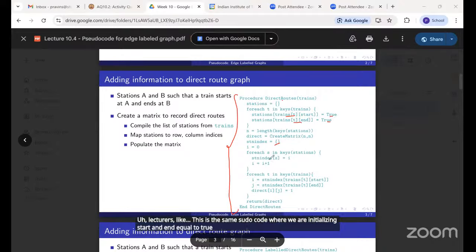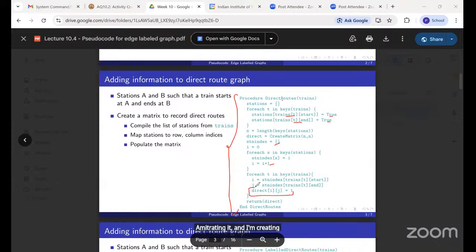I'm creating station index, I'm iterating it, and I'm creating a direct matrices. But if there is a station A to B and I added an edge, but I want to add some more information through the edge. How can I add?